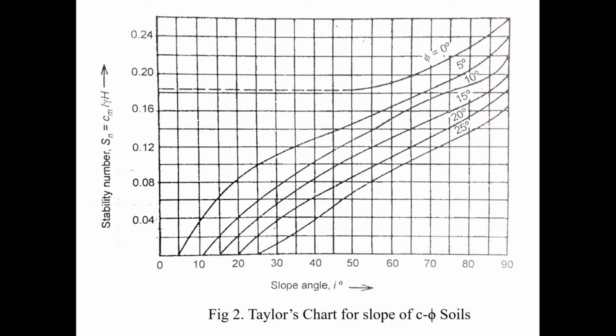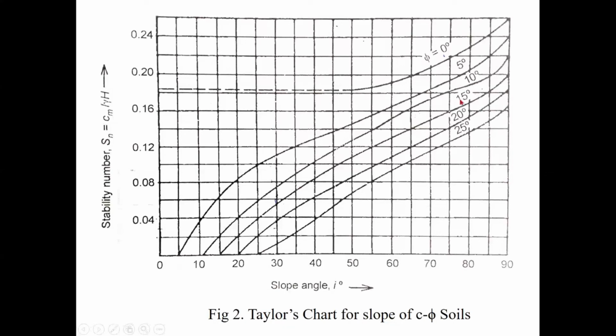How much is your phi m? For Fphi is 1.5, 1.5 is equal to 20 by phi m. So phi m will be equal to 20 by 1.5. How much? 13.33.